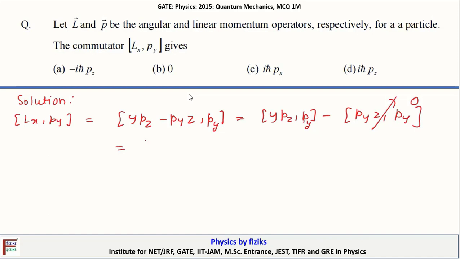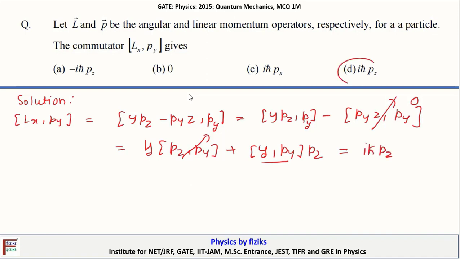Now we expand it using the property: y pz py plus y py pz. This commutator is again 0, so we are left with this one. This is i h cross pz.